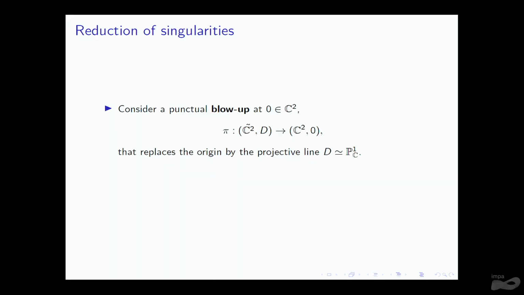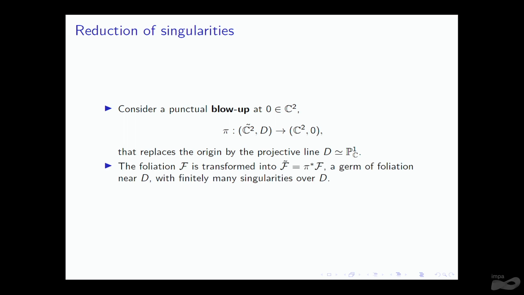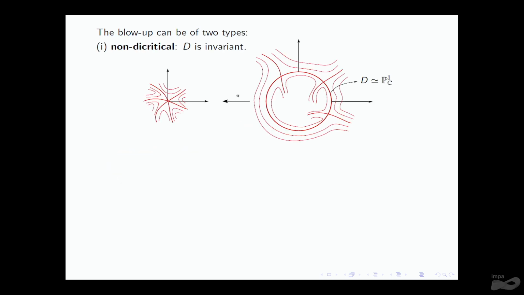We consider blow-ups, punctual blow-ups at the origin. The foliation is transformed by this blow-up into a new foliation with finitely many singularities over the divisor of this blow-up. This blow-up can be of two types, which is very important in the development of our work.